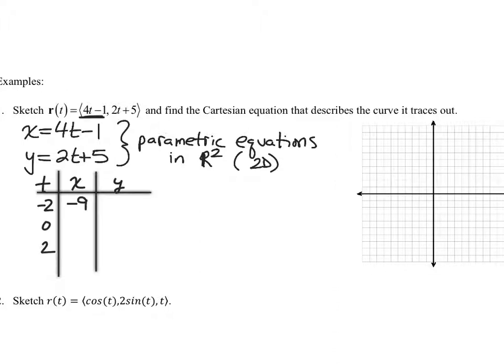Plug in a -2 for the other one: -4 plus 5 is a +1. That's the definition of stealing my own thunder. So I'm looking at a vector -9, 1.